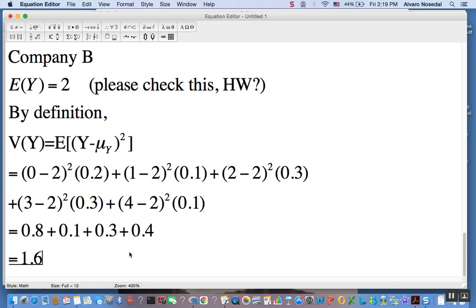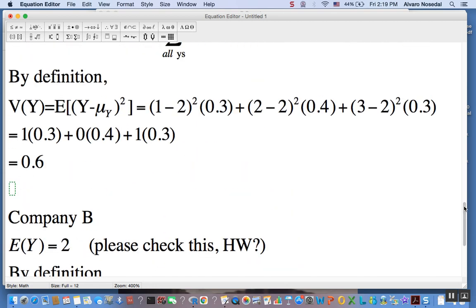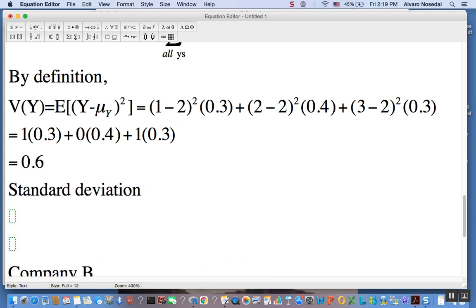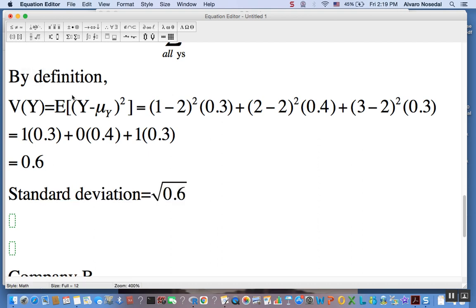So in the case of company A, the standard deviation would be just the square root of 0.6. Standard deviation for company A would be just the square root of 0.6.